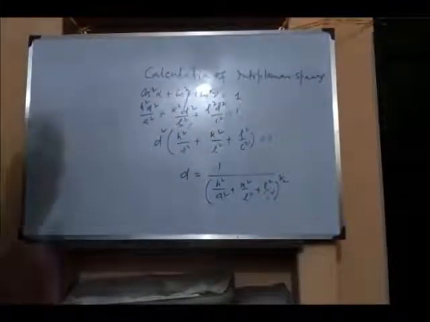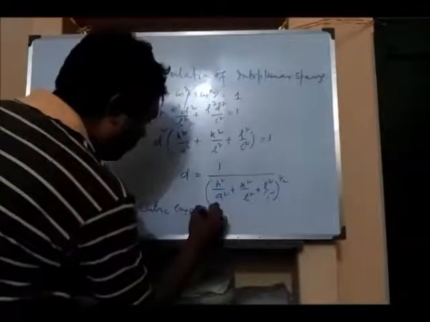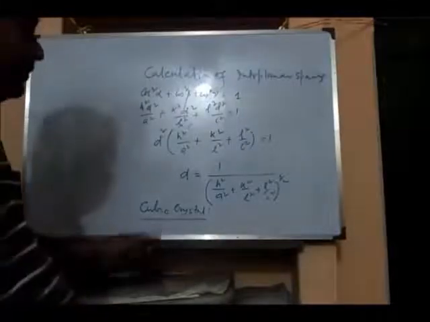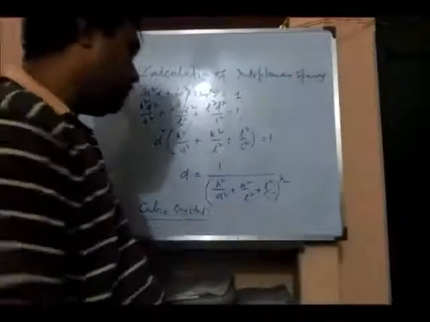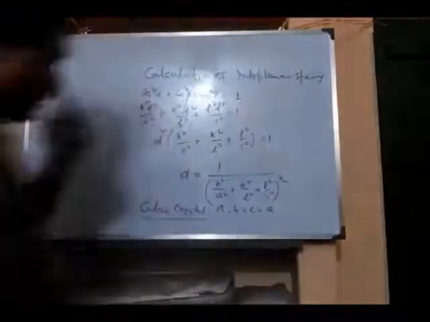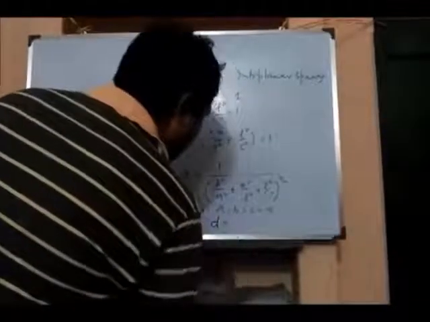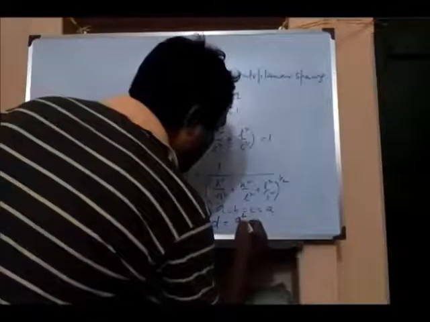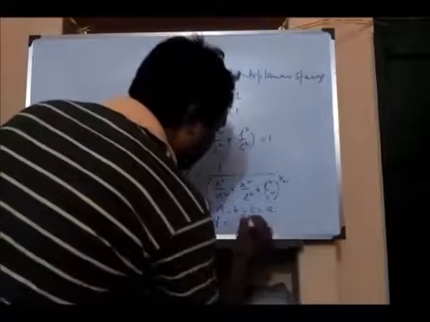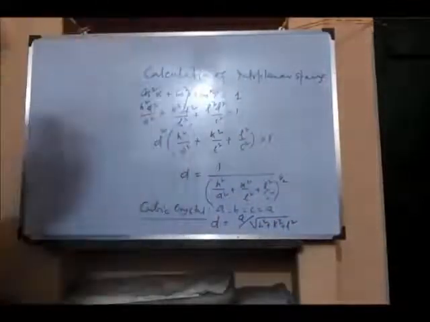Now for a cubic crystal, if you choose a special case, for a cubic crystal, a, b, c are equal to a. So a equal to b equal to c equal to a. So for a simple cubic crystal, the interplanar spacing becomes a divided by root over h square plus k square plus l square.